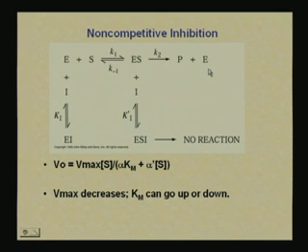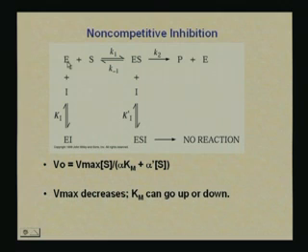Now, what we have is a decrease in the Vmax. Why do we have a decrease in the Vmax? Because now all of the enzyme is not available for product formation. Initially, for the competitive reaction, the total enzyme was available.